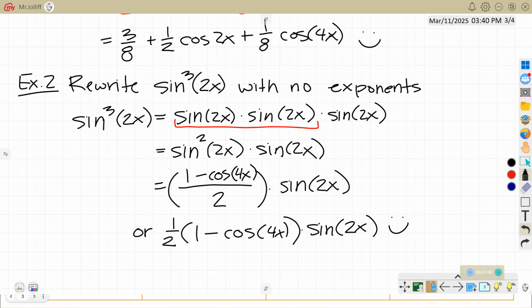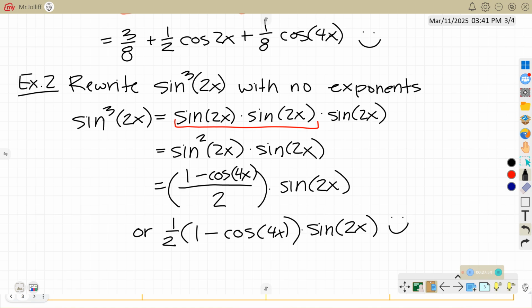There are two general patterns. If your exponent is even to start with, you can do what we did in the first example. 4 is 2 times 2. If we had cosine to the 6th, I would do cosine squared to the 3rd. Right? 2 times 3 is 6. If it's odd, you're going to split off an even number to form the squareds and let the odd guy hang out by himself, like we did with the sine to the 3rd example.